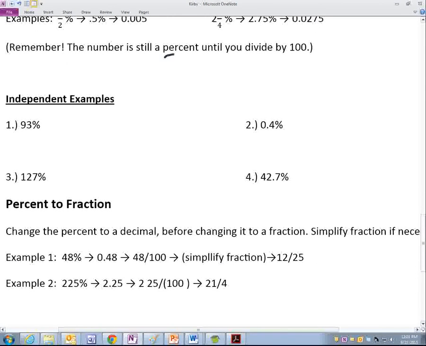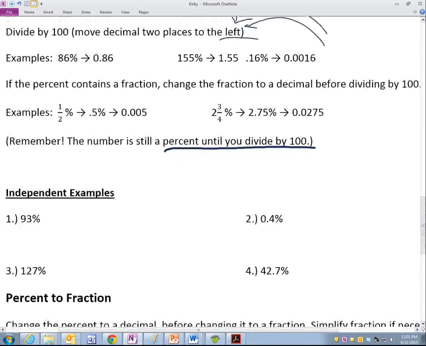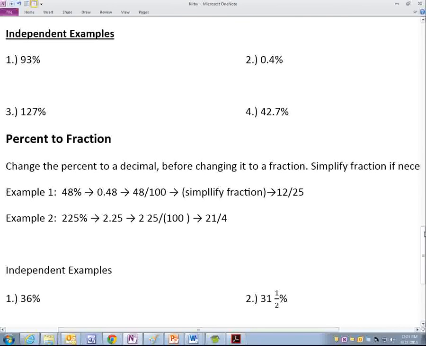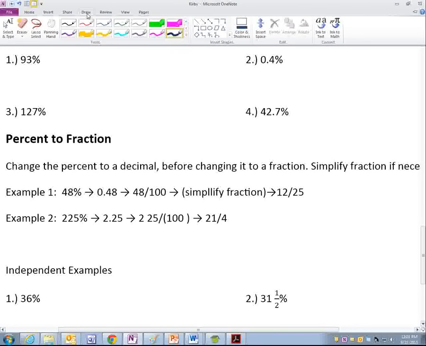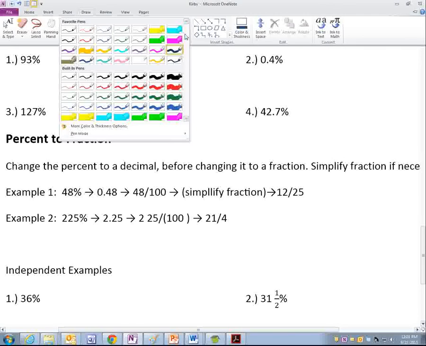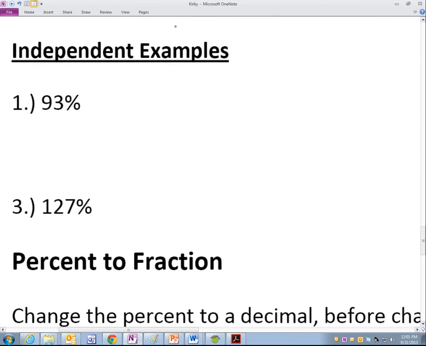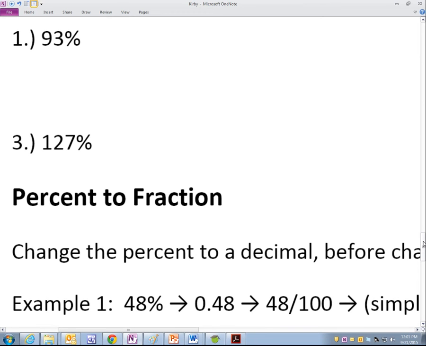Remember, this is still a percent until you divide it by 100. So for percent to decimal, the first thing we have to do is make it into a decimal. Let's change it. 93%: let's divide by 100.